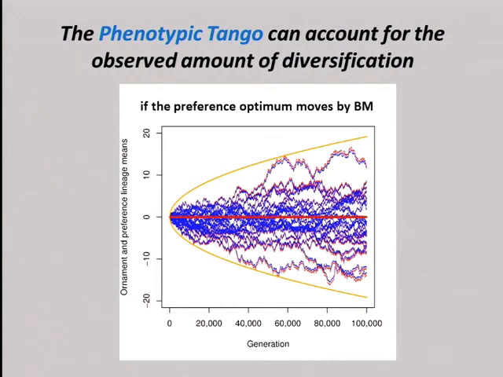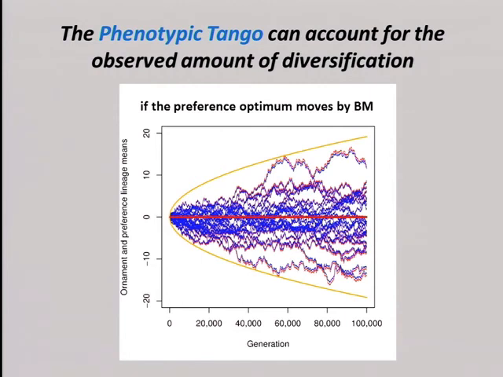Okay, so we got the model to explain what we need to explain on the time scale. We need to explain it by making an extremely weak, like a flat line model for preferences. The other way to do it is to have the optimum of the preferences move by some random process, say Brownian motion, and that's what I've assumed here. This is the 95% confidence limits for where the optimum is under Brownian motion, and here are the lineages chasing the natural selection optimum for the preferences.